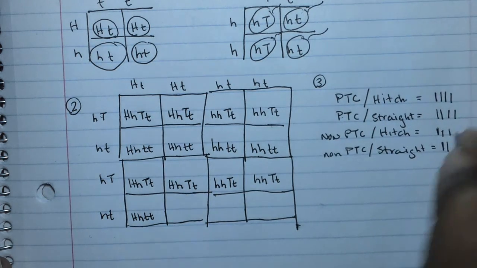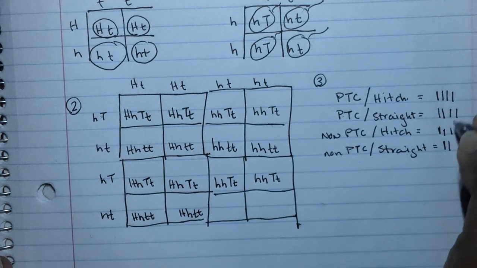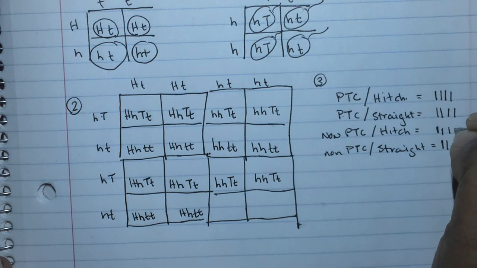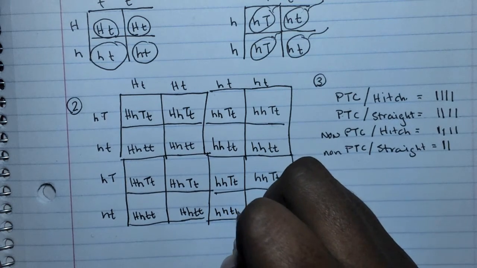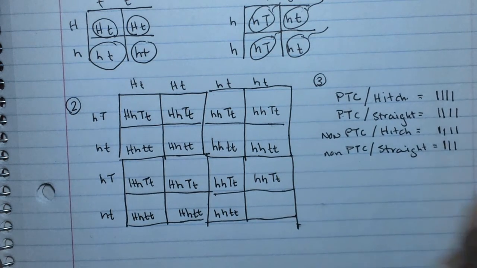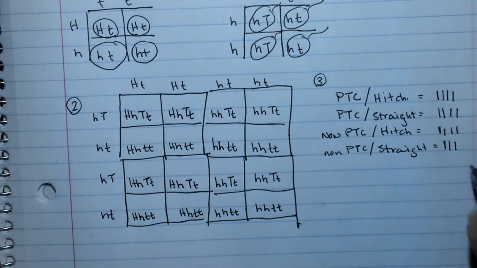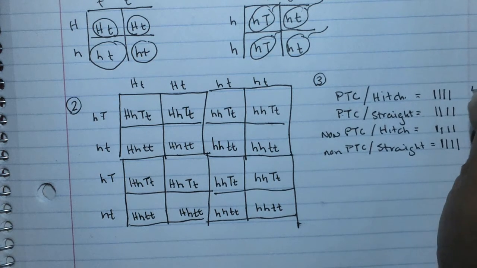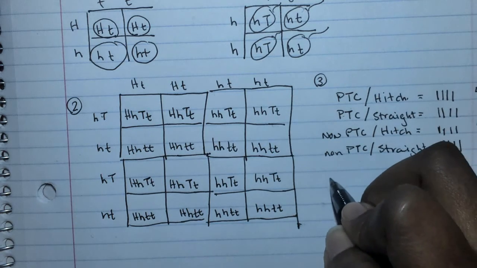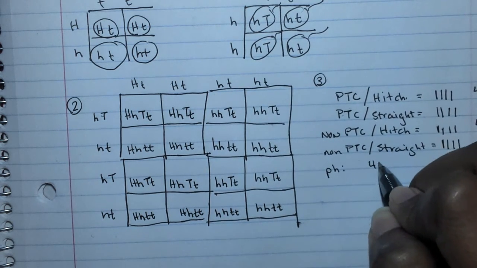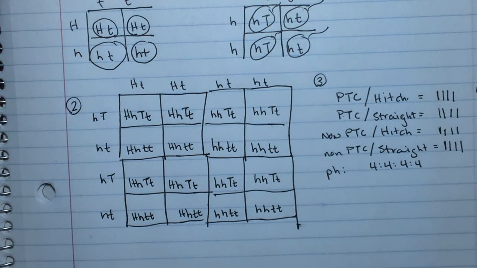That's this one. Big H, little t, little t. Again, I've got hitchhiker's thumb, but non-PTC taster. Little h, little t, little t. That's all recessive. Last one, little h, little t, little t. So I've got 4, 4, 4, 4. So my phenotype ratio is 4 to 4 to 4 to 4. And that is number 1.